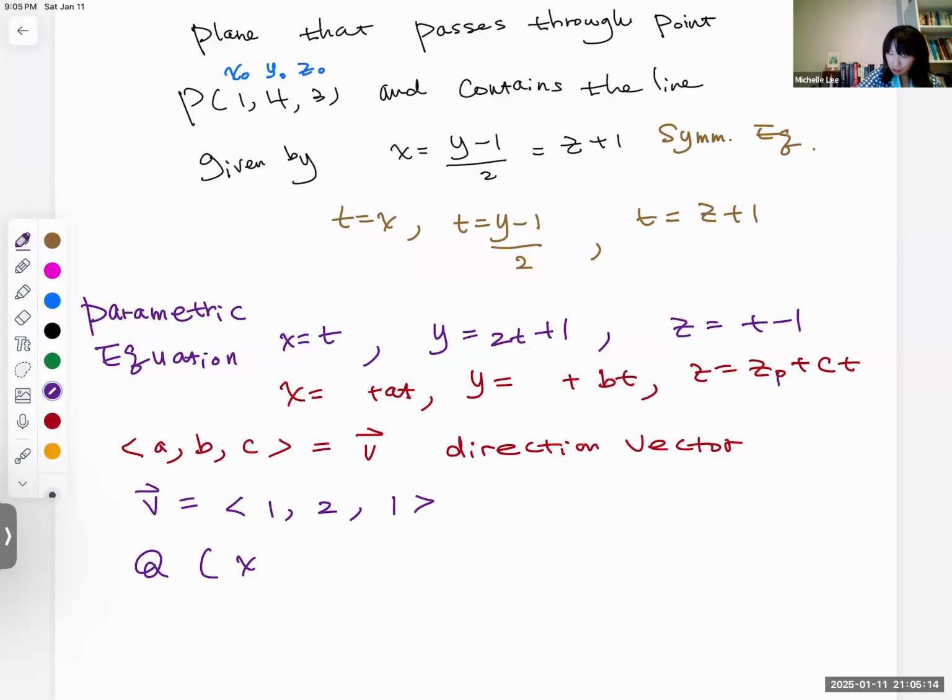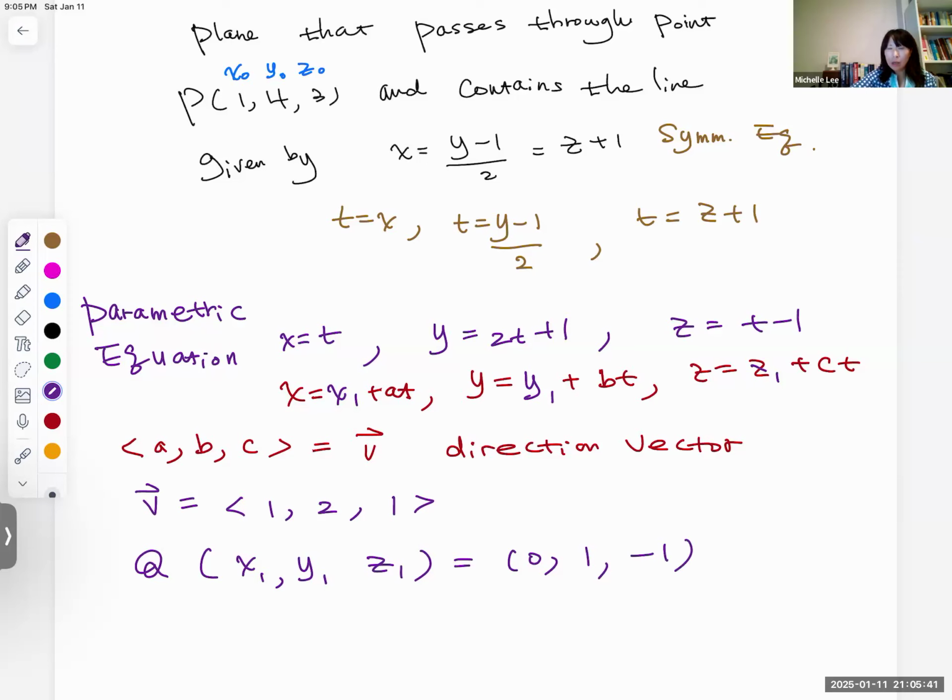Just a label. So don't get confused about that. So x sub 1, y sub 1, z sub 1 is equal to 0, 1, negative 1.